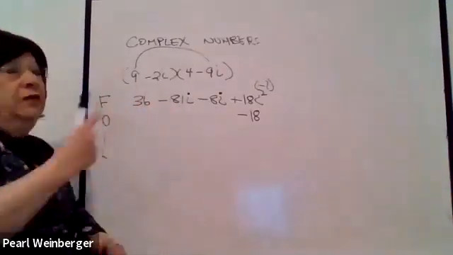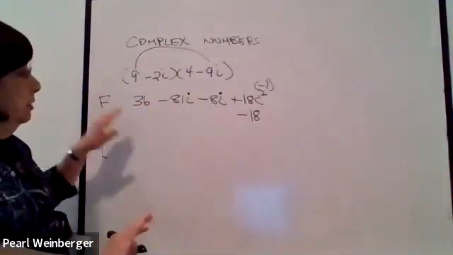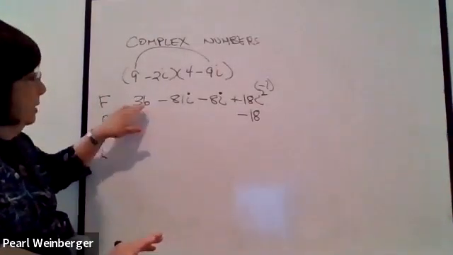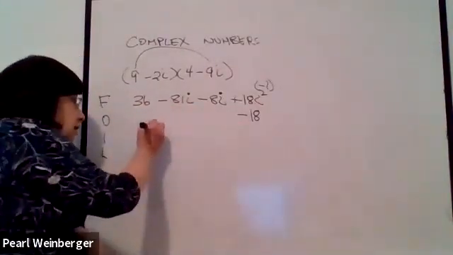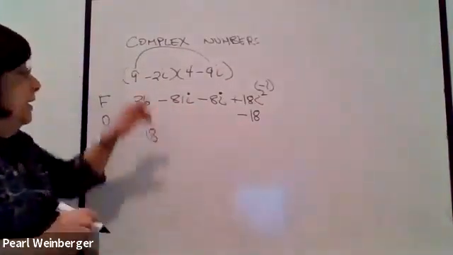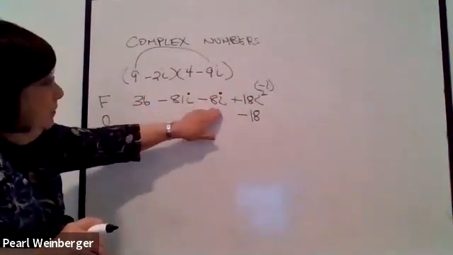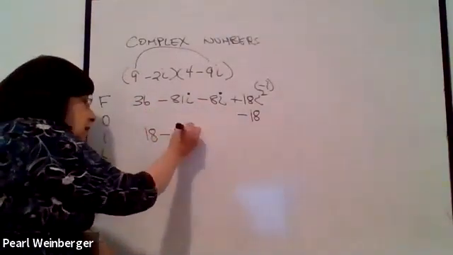These two terms I can't do anything with because they don't have i squared, they just have i's. So now I combine the like terms. The numbers without any i's are 36 minus 18, which gives me 18. And the i terms are -81i and -8i, which gives me -89i.